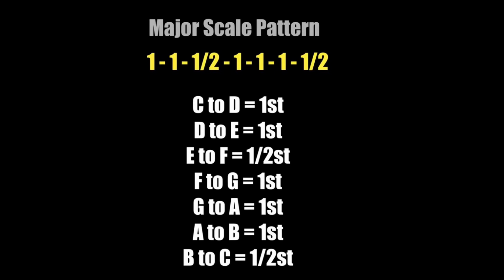By that I mean that from C to D, the distance between those two notes is one step. The distance from D to E is one step. From E to F is a half step. From F to G, G to A, and A to B, all of those are one step. From B to C is a half step.